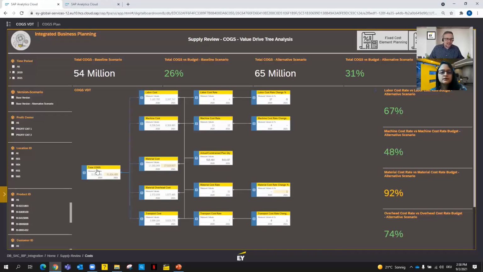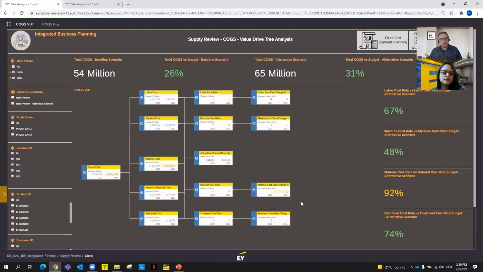And now, how did we bring this into the model? First of all, we discussed with our colleagues in finance and the customers how to structure the costing. And the total cost we did structure according to a very common type of split by type of cost. So we are planning a labor cost, machine cost, material overhead cost, and the transportation cost.